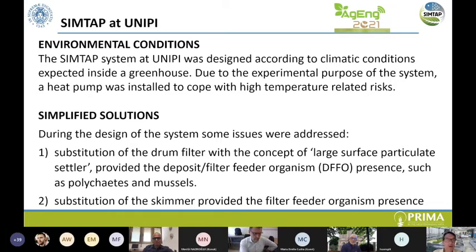So we are testing the substitution of the drum filter with a large surface settler, that is the deposit filter feeders unit. And the other simplified solution is avoiding the skimmer in the system itself. Again, the skimmer can be substituted by the filter organisms.